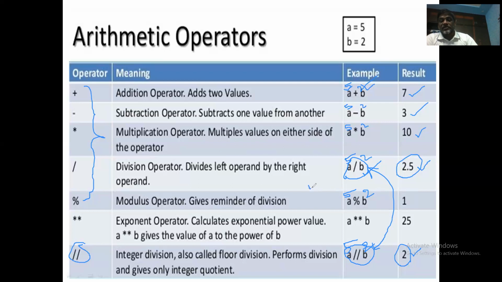Because if you divide 5 by 2, it also performs division operation but returns remainder instead of quotient. So 2 twos are 4, and we will get a remainder 1. So this percentile operation results in the remainder. Okay, it returns only remainder. Division operation returns the quotient.